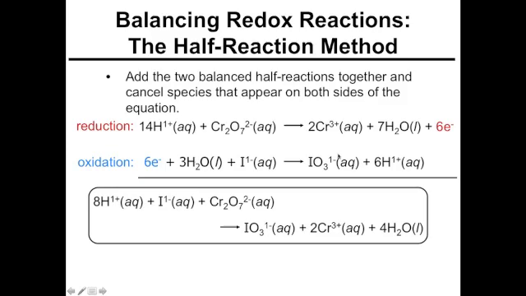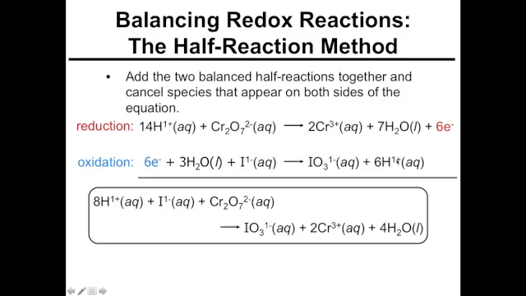Now when I add them together, I notice that of course I'll have 6 electrons on the reactant side and 6 electrons on the product side. Those electrons should always cancel. I also see that I have 6 hydrogen ions on the product side over here, and I have 14 over here.